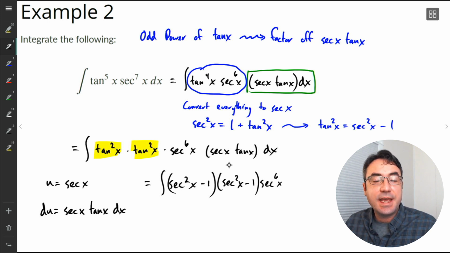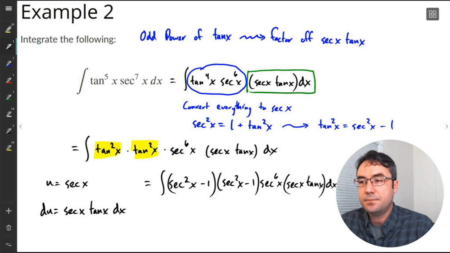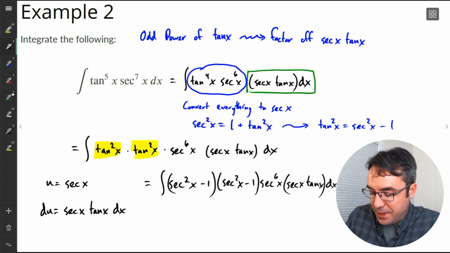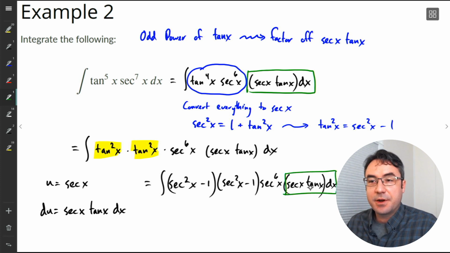And then we have our secant times tan, what's going to become our differential. So, it's looking like a lot here. But we know, kind of by design, this is going to become our differential.